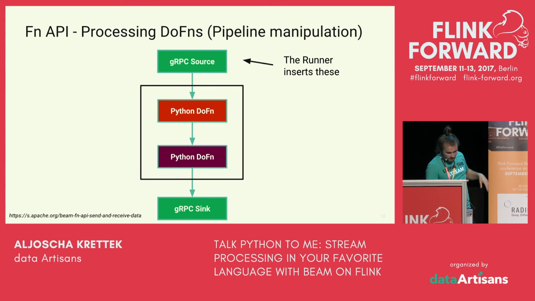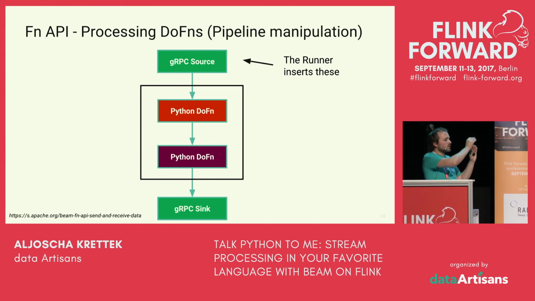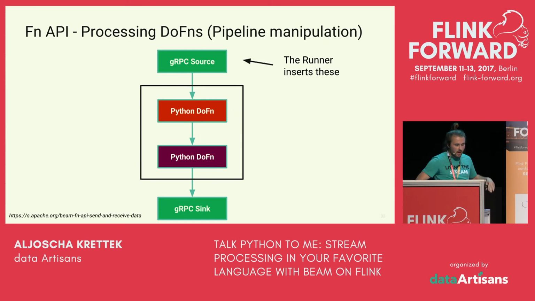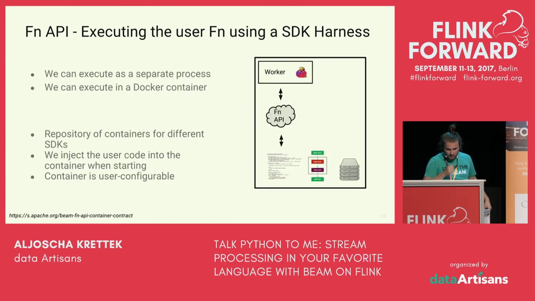We insert a source that would read via gRPC from a service, and a gRPC sink that would write to a service. So we do pipeline surgery, basically cut this out, change the sources and sinks, and then tell this Python SDK harness to actually run this code where the sources and sinks communicate with the runner via this defined RPC interface.